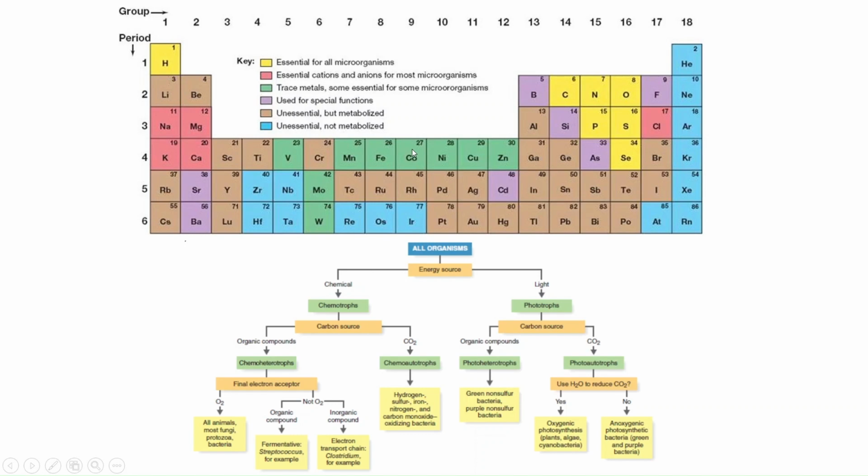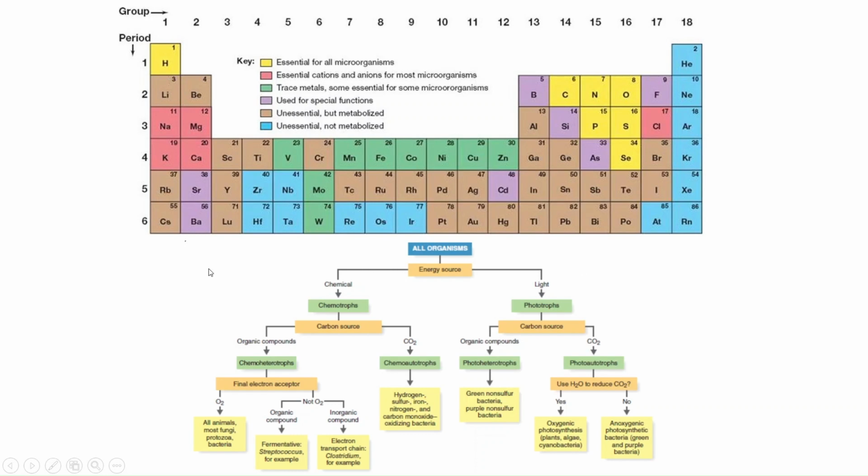So they are essential in their ionic form. So the yellow color highlighted things are essential elements, so they are incorporated into compounds. But when you come to this thing highlighted in this pink color, they are essential cations and anions. Okay, so this is the periodic table which you can just have a look into.